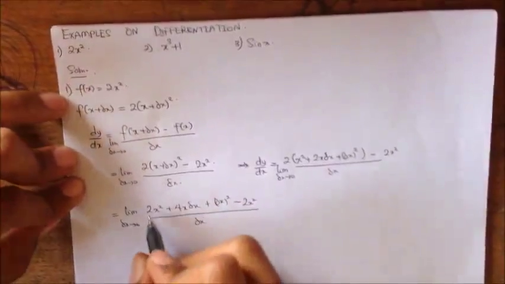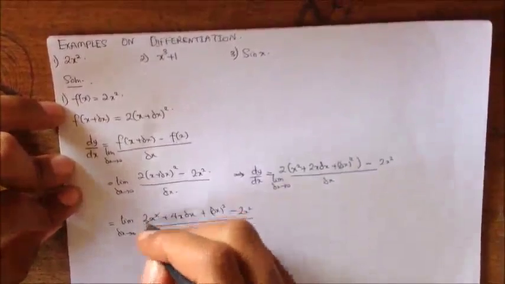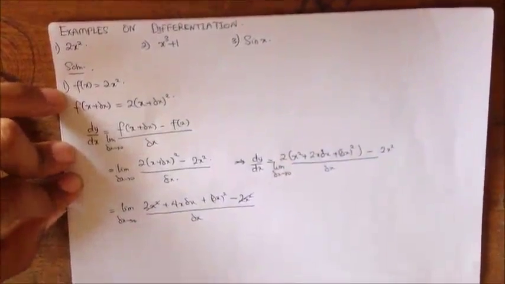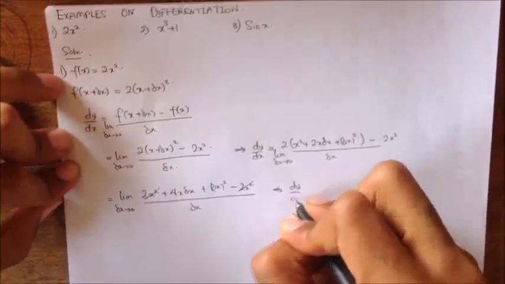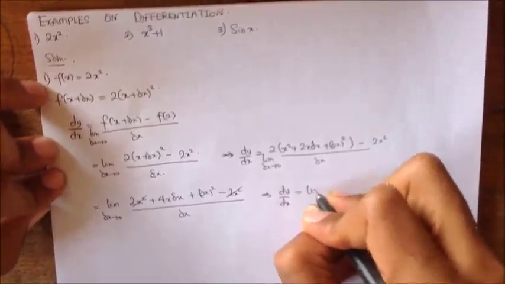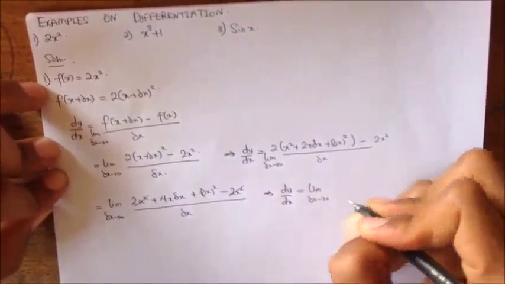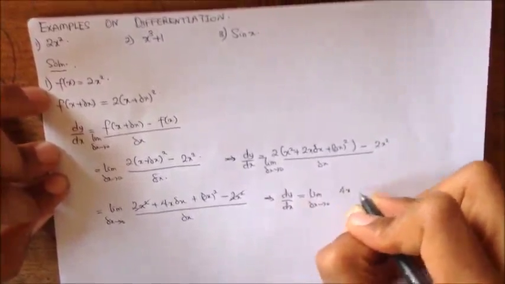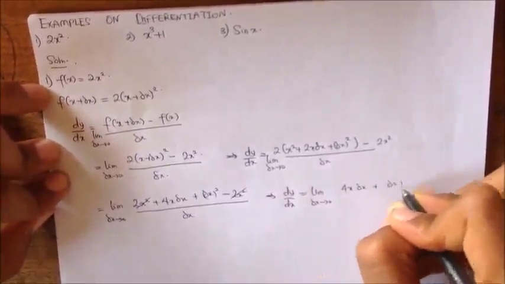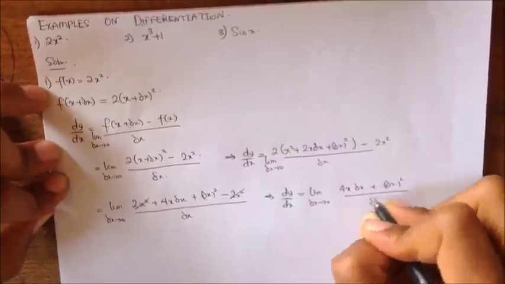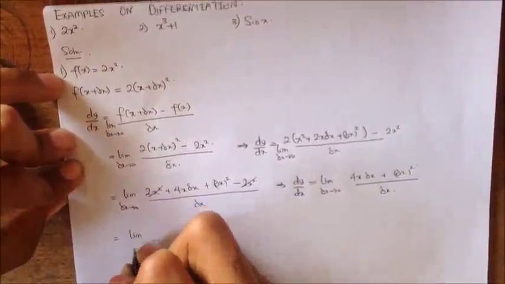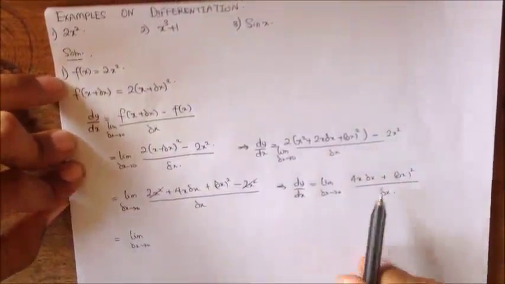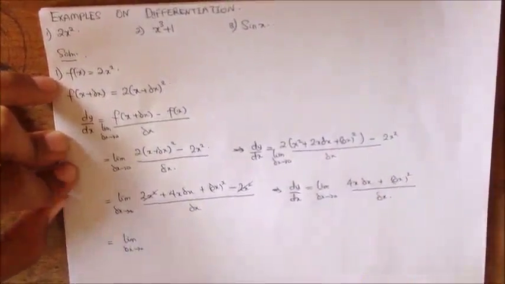From here, I have positive 2x squared and negative 2x squared, so these two are going to cancel each other out. It's going to be 0. So my dy dx equals the limit as delta x tends to 0 of 4x delta x plus 2 delta x all squared, divided by delta x. I can see they have delta x in common, so I can factor it out.